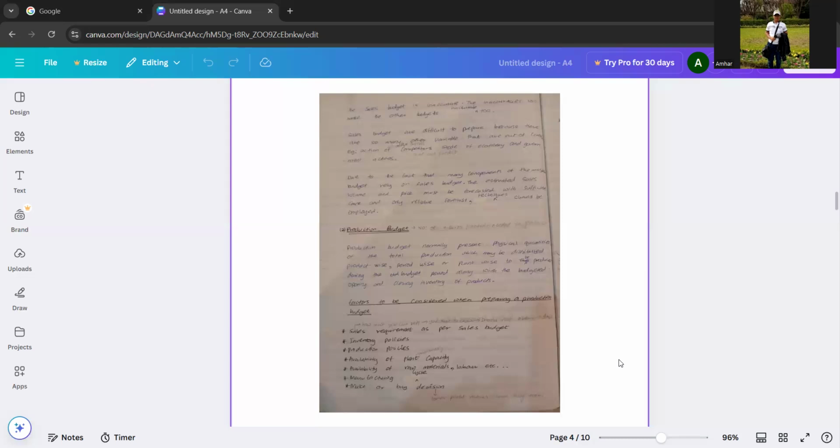So now production budget and purchase budget are linked. The difference is, production budget is the number of t-shirts or number of Coca-Cola that needs to be produced. Number, quantity, physical quantity. Purchase budget is the raw materials you need.